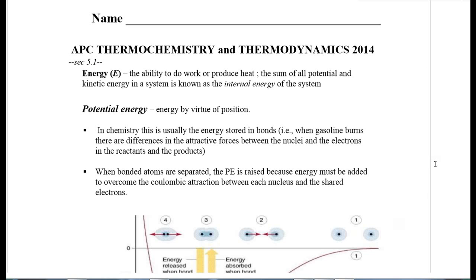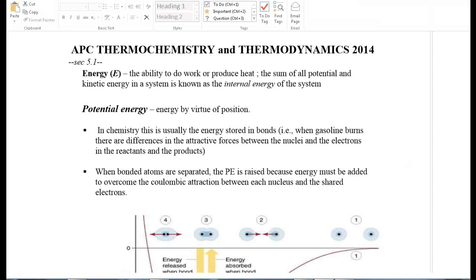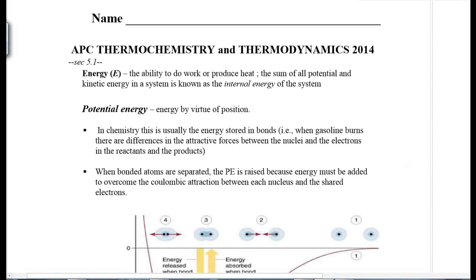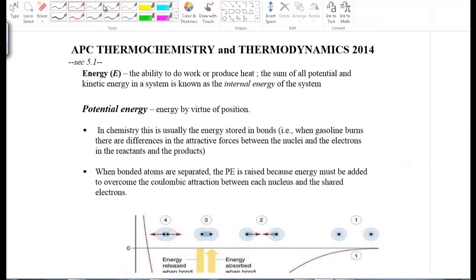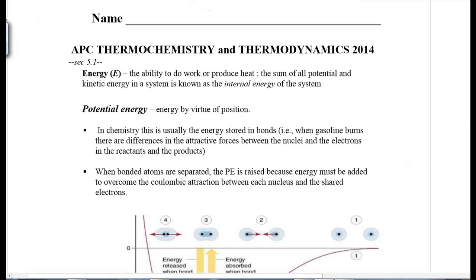Now, I will say that the two biggest issues students have in this unit are going to be, first, a combination of units. And when I say units, the issue here will be whether we are dealing with calories or joules or kilojoules, and being clear about what the units in the problem are and what the units being asked for are.